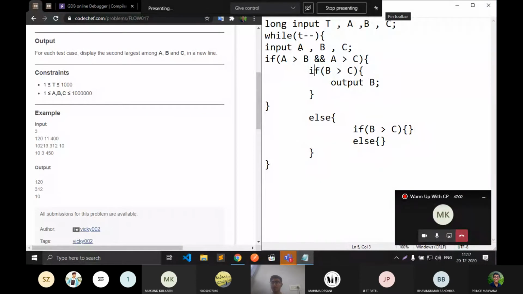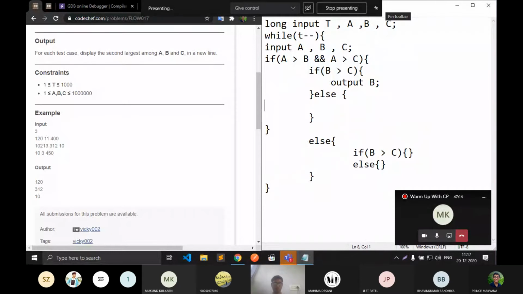If b is not larger than c, we go with else, which means c is larger, so the output is c. Yes, it is right.